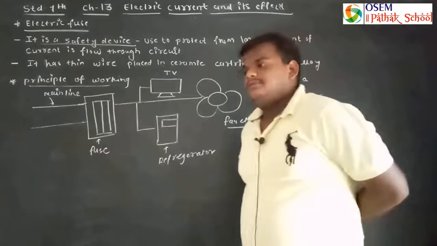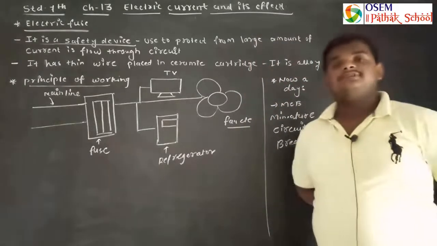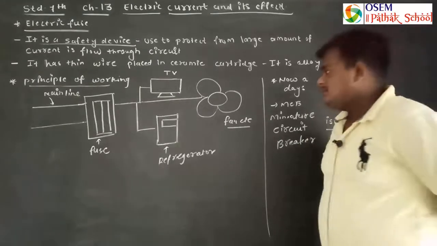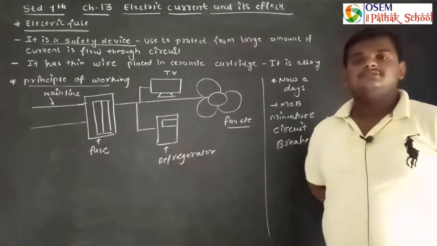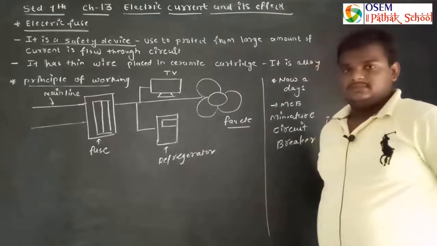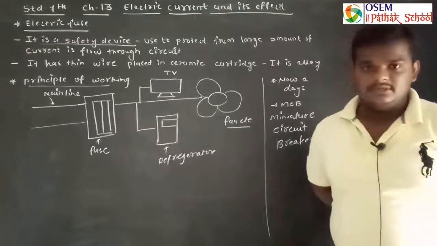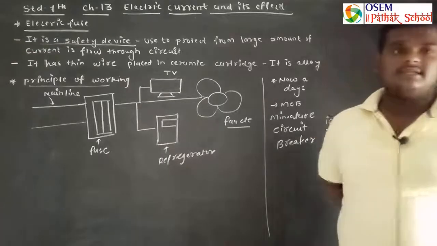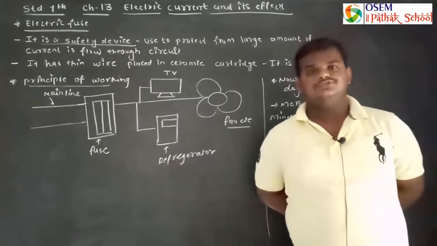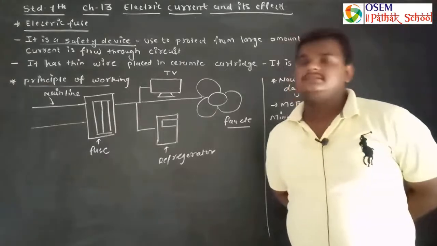So the electrical fuse is a protecting device. It is a safety device, we can say. It protects our different appliances from a high amount of electricity. How it protects, how it works, this is the concept. If the fuse is not installed inside our home, suppose that suddenly the amount of electricity increases.